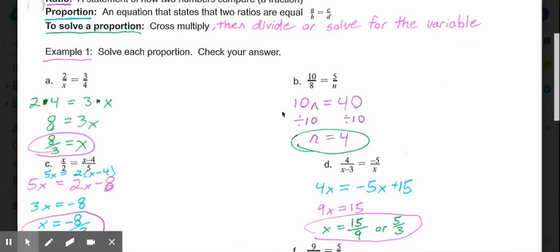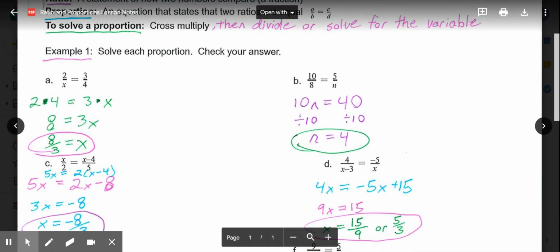So when we say cross multiply, we mean diagonally. So in this case, 2 over x equals 3 over 4. So in order to solve for x, we're going to cross multiply. So 2 times 4 equals 3 times x. So in that case, 8 would equal 3 times x.